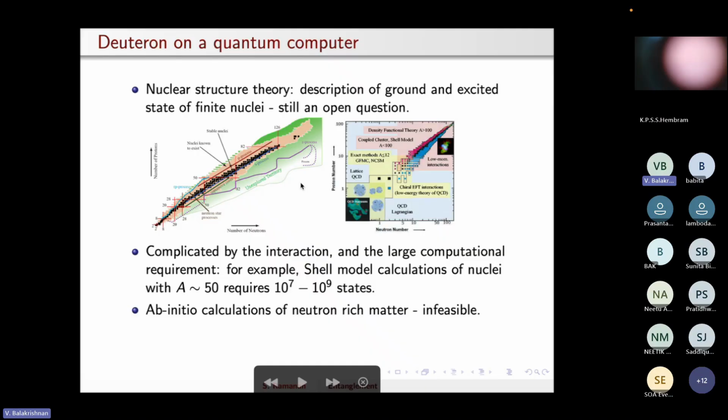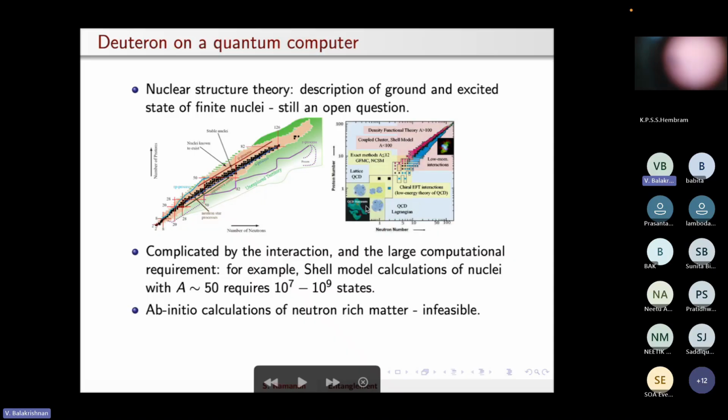Now, because of the substructure of these objects and the fact that you have interactions which are very complicated, for a long time it was not possible to calculate beyond carbon-12 using state-of-the-art ab initio calculations.